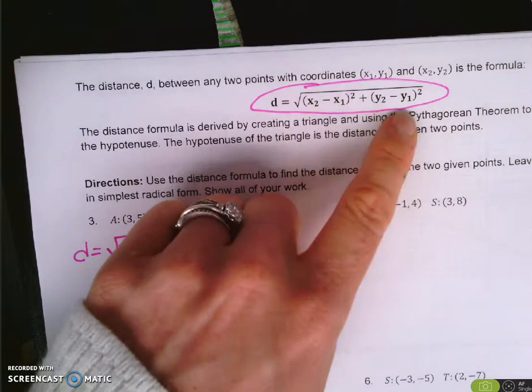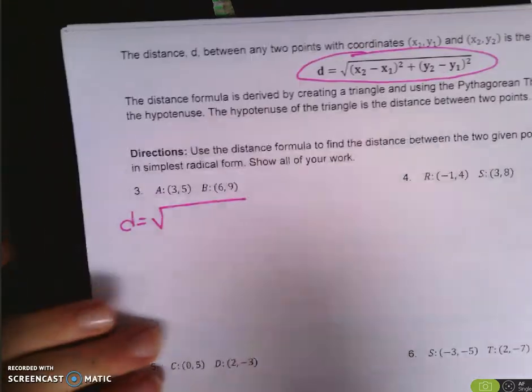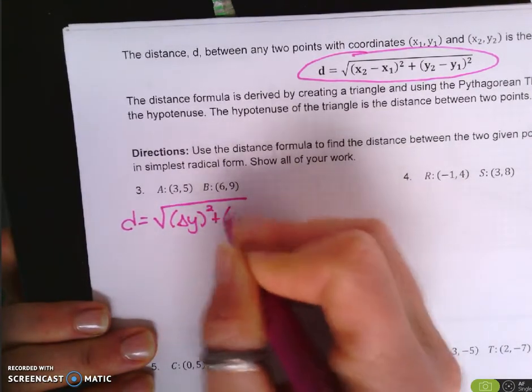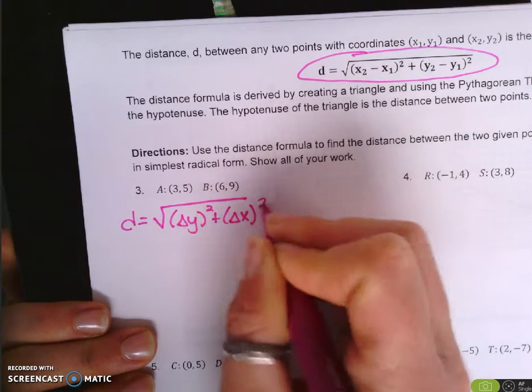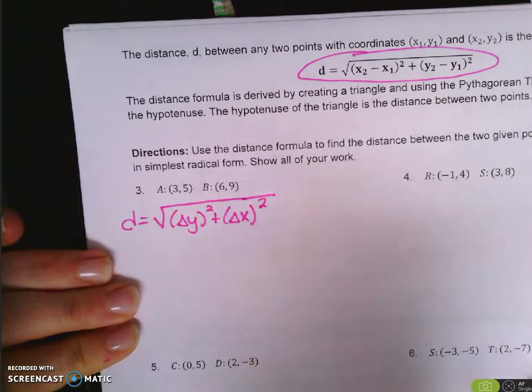If this was 2 and this was 3, 2 plus 3 is the same as 3 plus 2. So here I'm just going to say change in y's being squared plus change in x's being squared, because remember our change in is the difference in them.